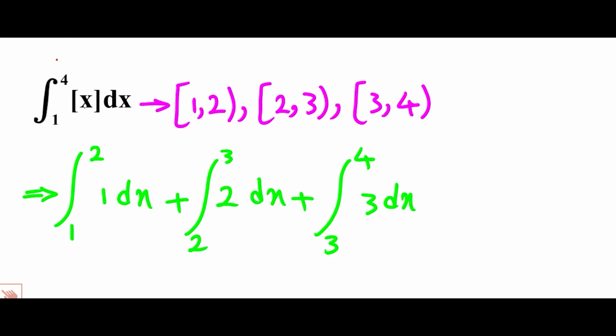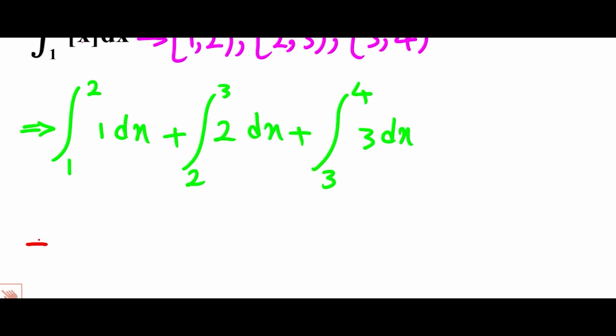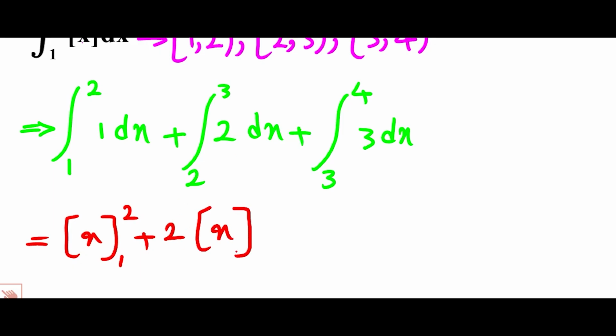So we have the integral of 1 dx is x from 1 to 2, 2 dx is 2x from 2 to 3, and this integral becomes 3x from 3 to 4.